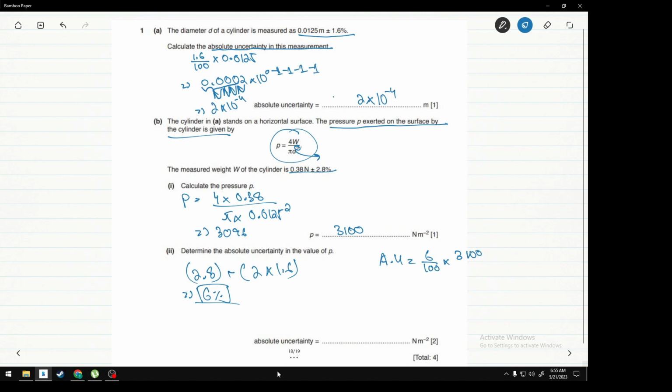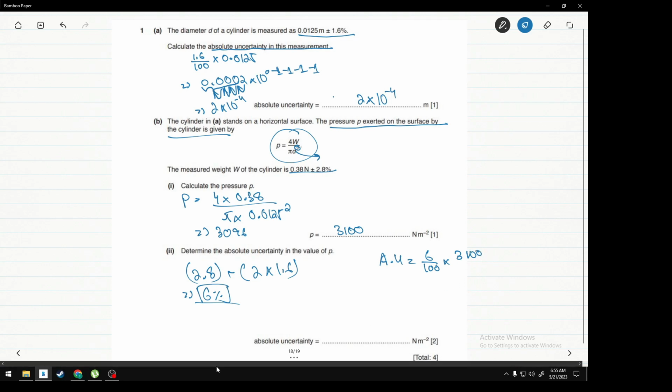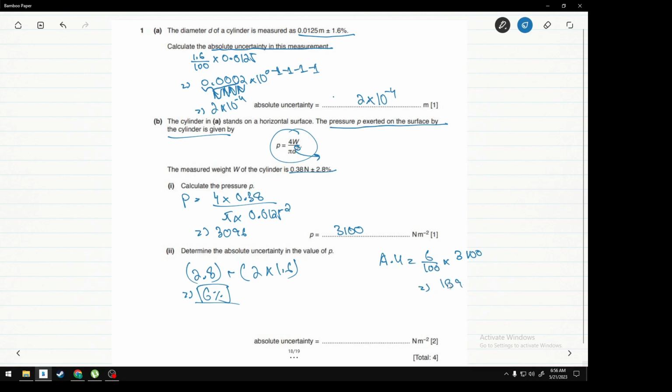So the absolute uncertainty comes down to 186, again 3 significant figures. So we need to convert them into 2 because in this part, they had only given us 2 significant figures, right? So convert this into 2, so it becomes 190.